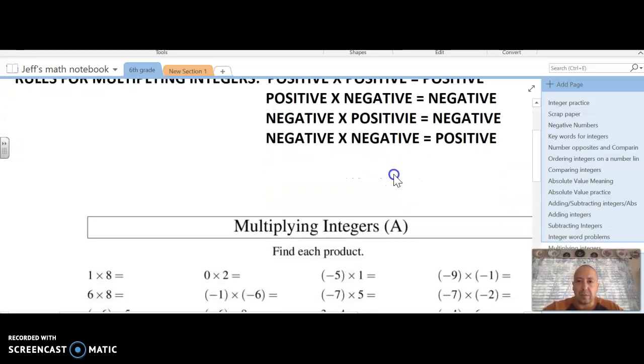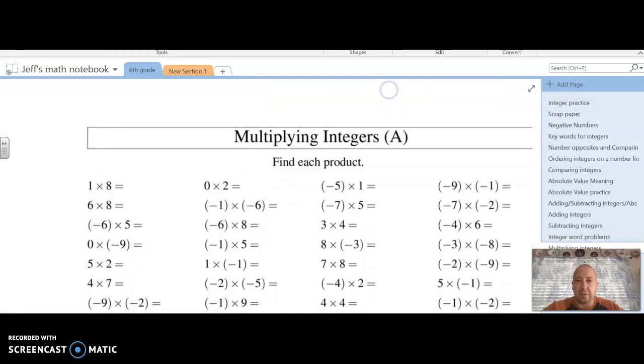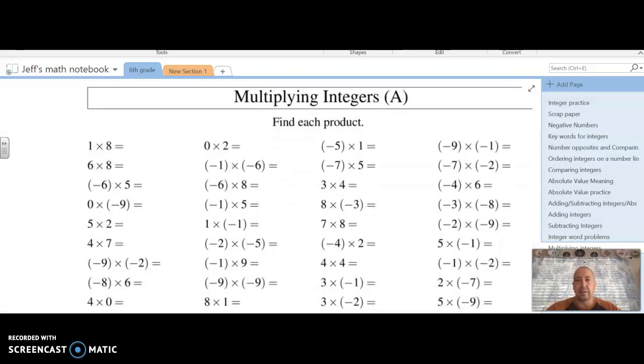So if we look at some of the questions here, we're going to use those rules. We're not going to do all of them, but we're going to pick some of these out that go with the rules from above. So obviously if we have 1 times 8, positive times a positive, you get a positive.